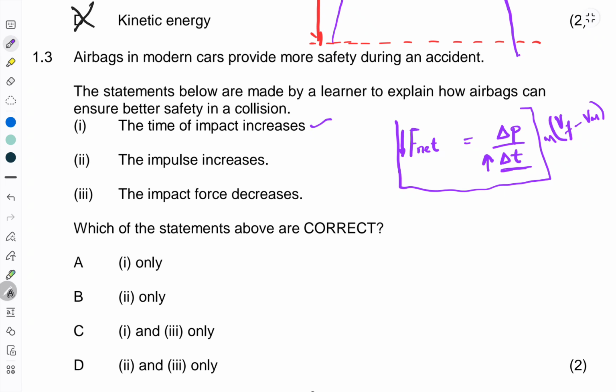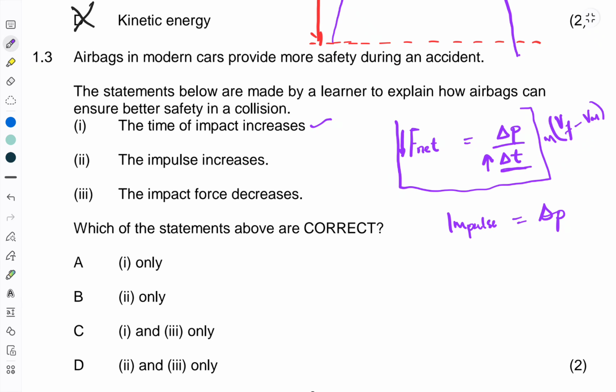The impulse increases, no, because to increase the impulse you would have to change the momentum, which we know will stay constant. Remember, impulse equals change in momentum, so you can't really rely on that.